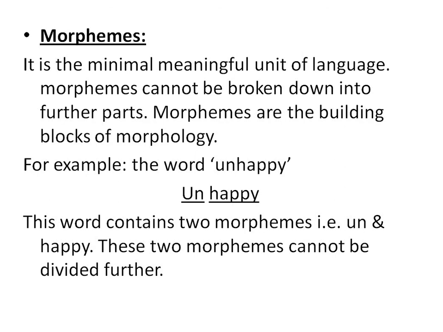It has a meaning, and morphemes cannot be broken down into further parts. The word minimal shows that it cannot be broken down into further parts, and it's a meaningful unit.